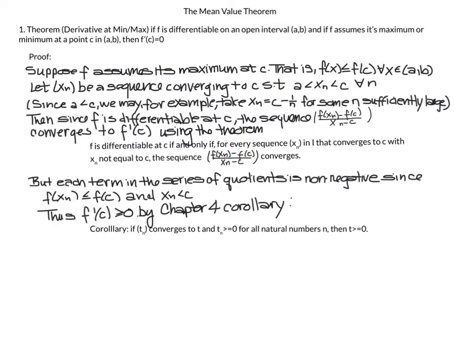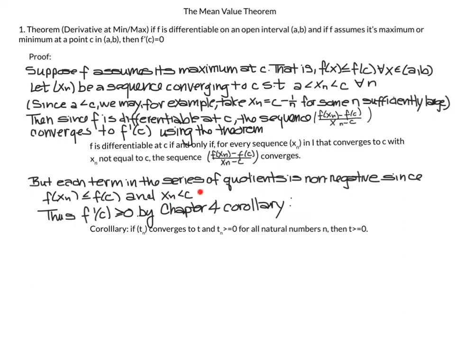But each term in this sequence of quotients, f of xn minus f of c over xn minus c, is non-negative. It's non-negative because f of xn is less than or equal to f of c, and we know that because f of c is where f is at its maximum, so the top part is non-positive.